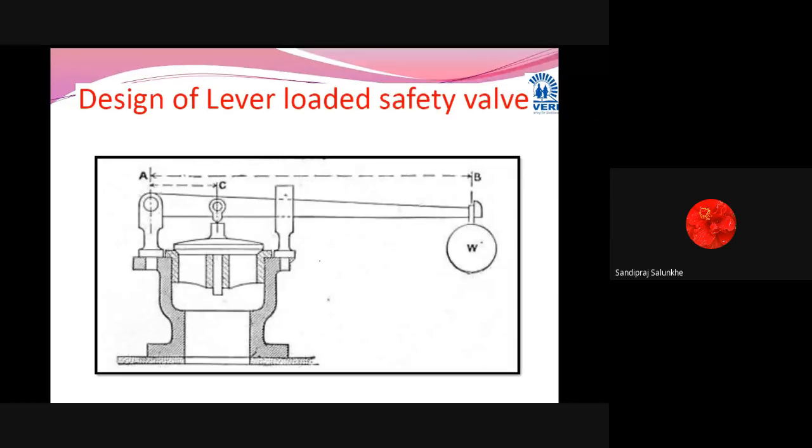First of all, we have to consider in which direction the forces are applied. Because this type of safety valves are used to close the opening of steam from the boiler, the steam pressure will be applied in the upward direction.